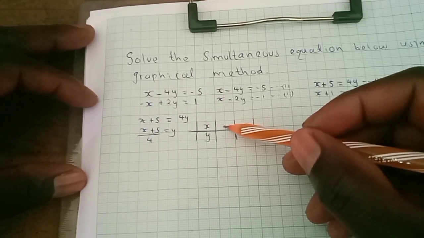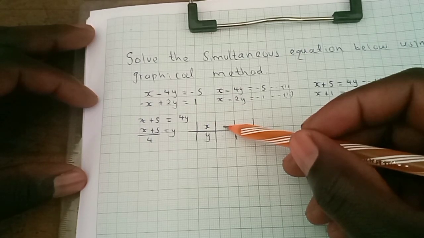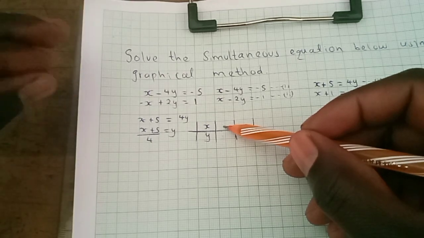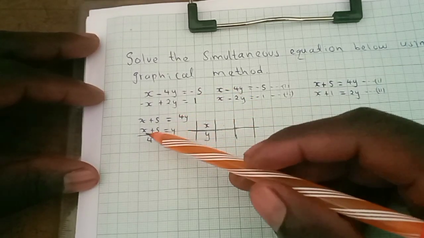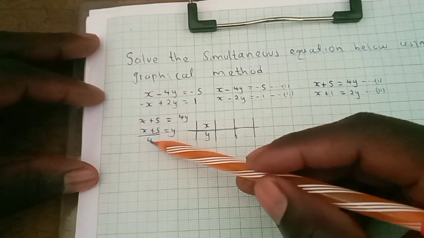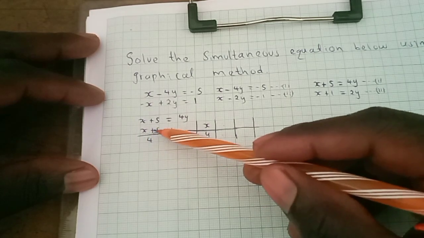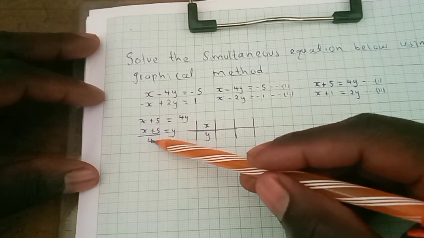I will be taking values that, when I add x plus 5, will give me a number which is fully divisible by 4. So if I take 1, it will give me 6. 6 is not fully divisible by 4.